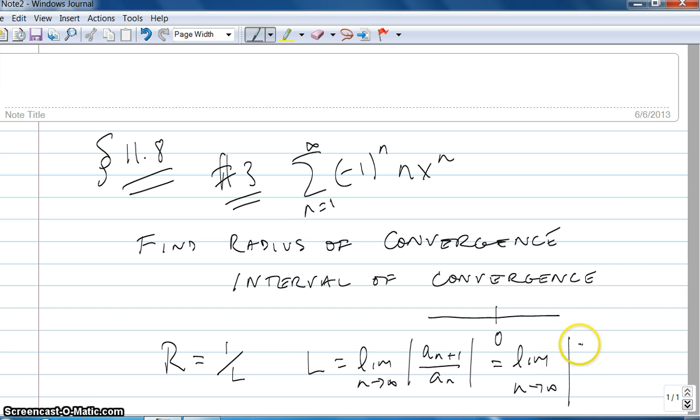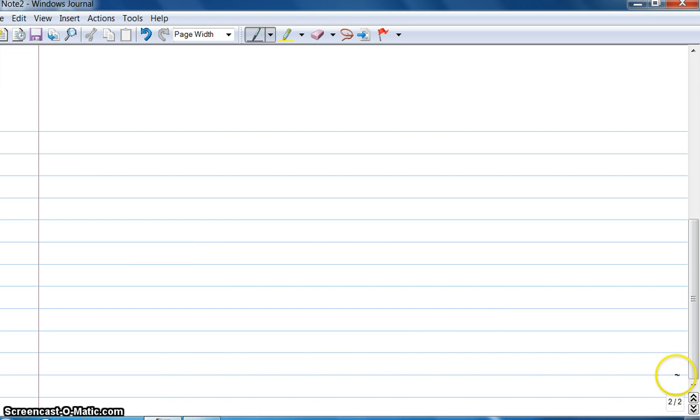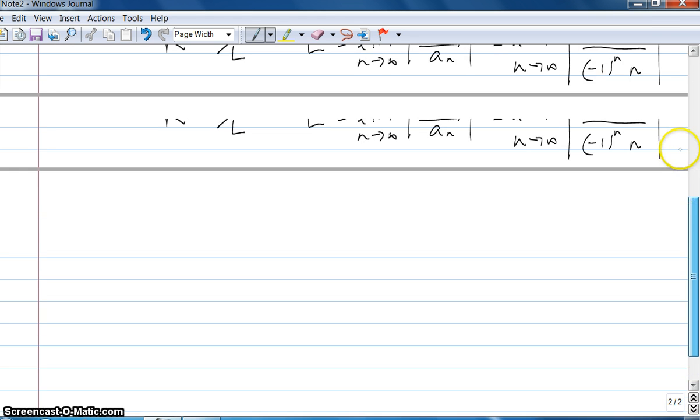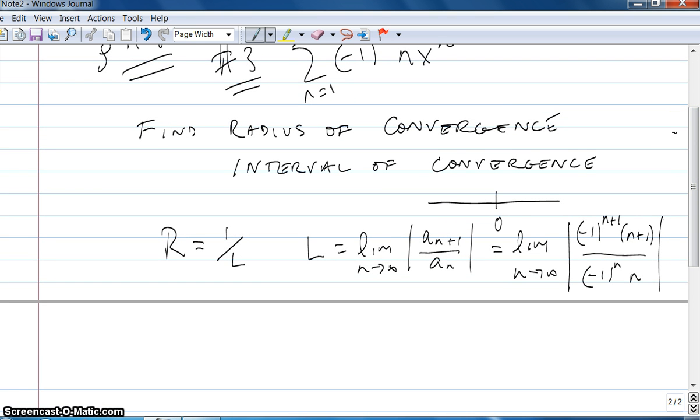On the top here I have (-1)^(n+1), and then I have n+1, over (-1)^n. That's what the a_(n+1) over a_n is.